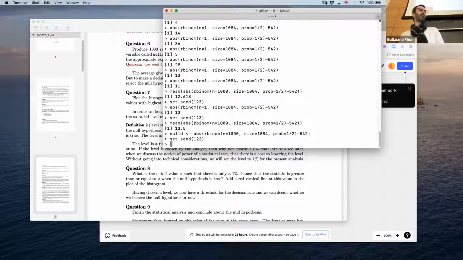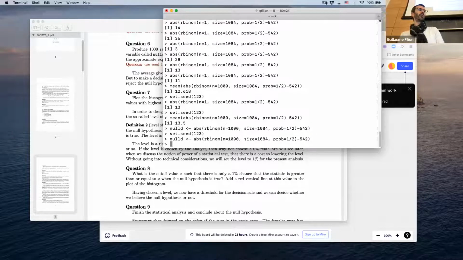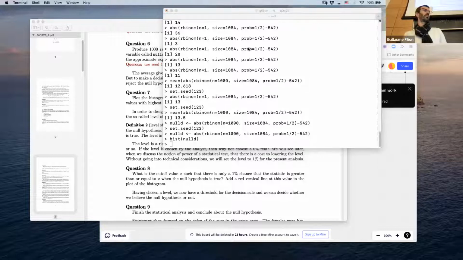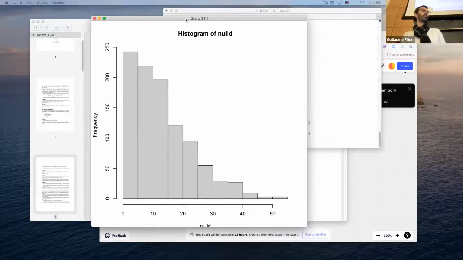Of course, before this, I must use the set seed trick. Okay, and what we're asking is, what is the histogram of null d? A histogram is a fantastic graph. It looks like that, histogram of null d.